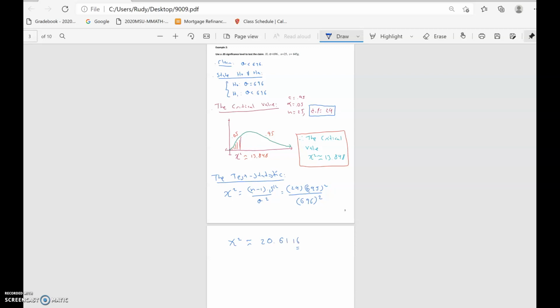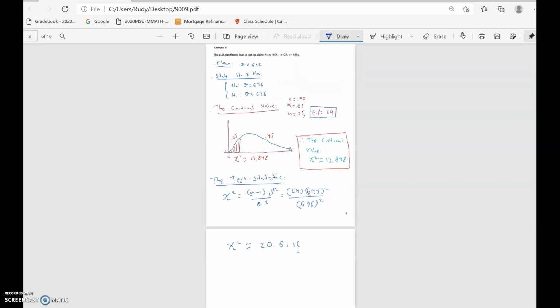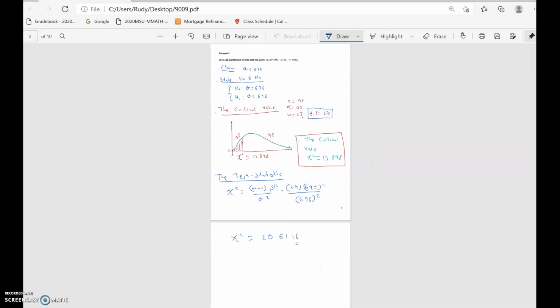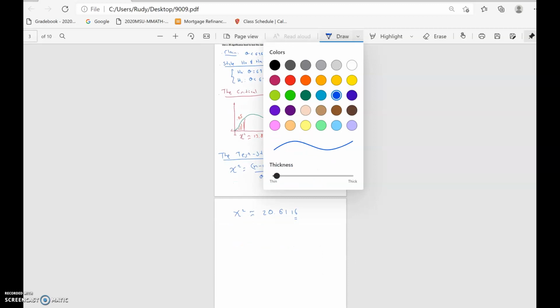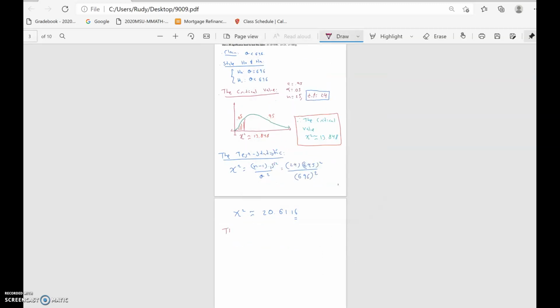I'm just rounding to 4 decimal places, and that's going to be somewhere here. So let me just rewrite it as the test statistic, and I'll check the answer again. Test statistic, chi-square value approximately 20.6116.